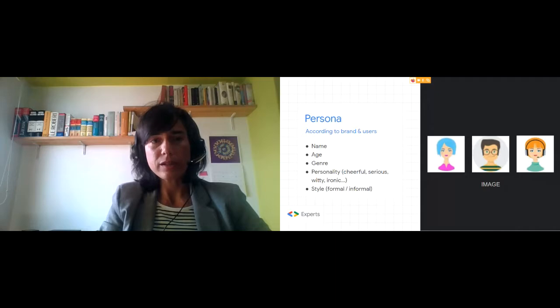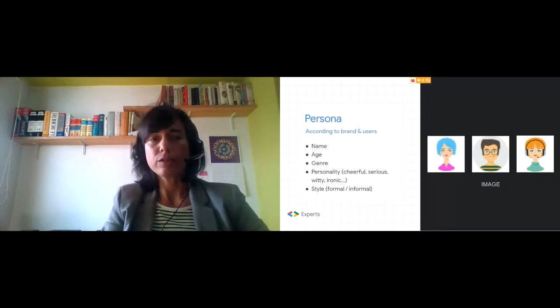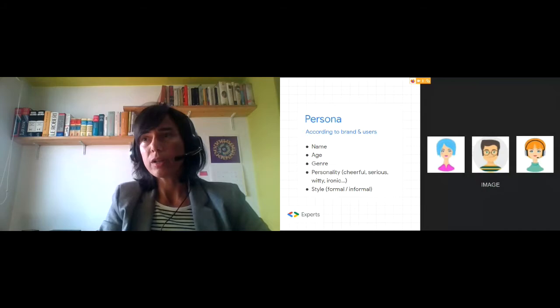And this is very important: this character has to be according to our brand and our users. If our users are young people, then the character can talk in a more informal way. But if it's, for example, a conversational agent for a law firm, it should talk in a more formal way. And also the image is important.